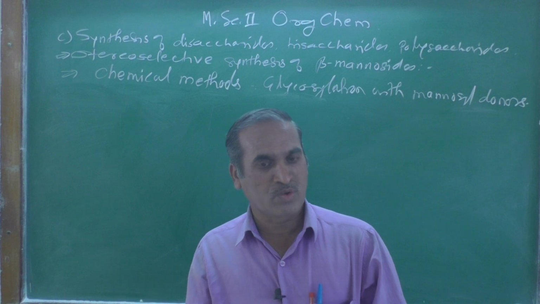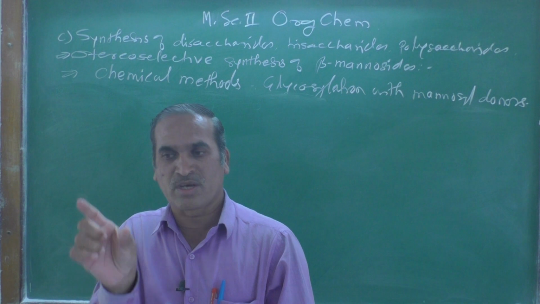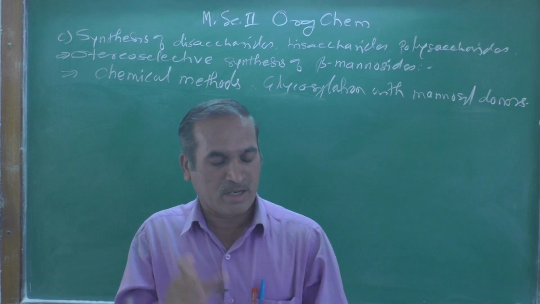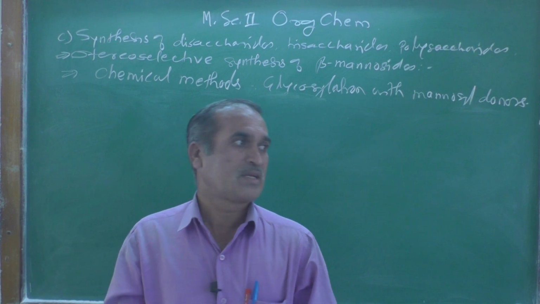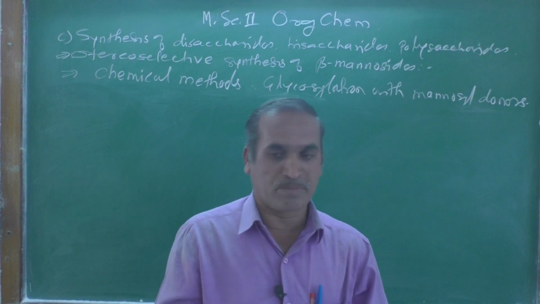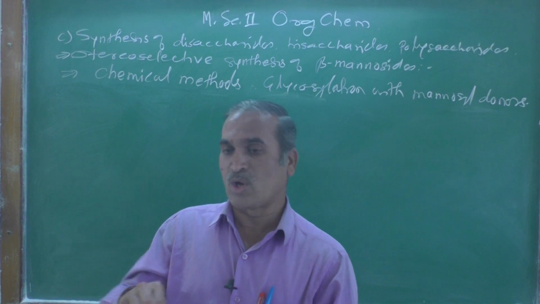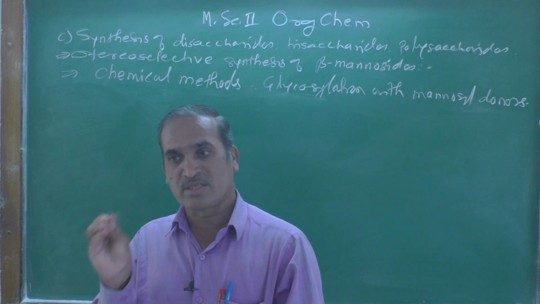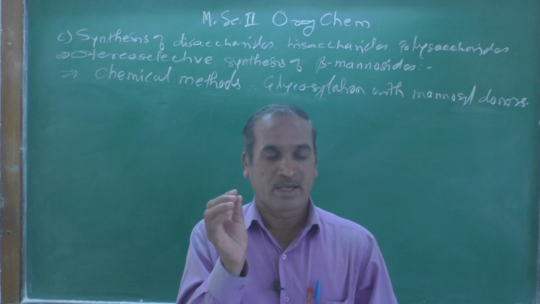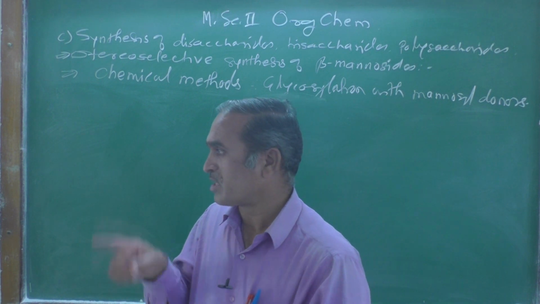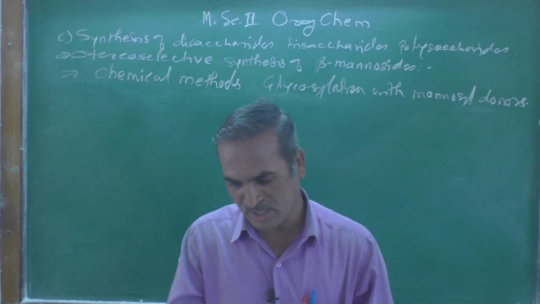But in this particular case we are getting the major formation of the beta side. Beta means above the plane, and that type of product generally predominates, and therefore the heading of these compounds is stereoselective synthesis of beta mannosides.